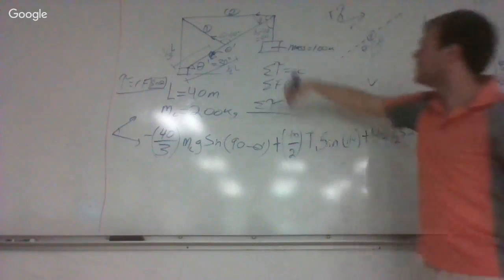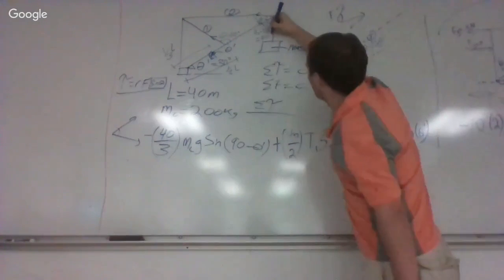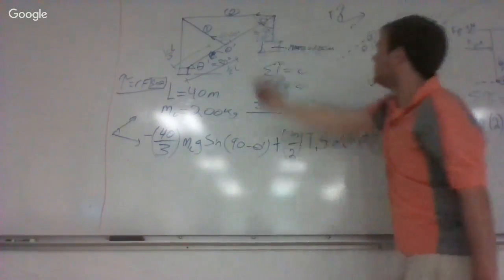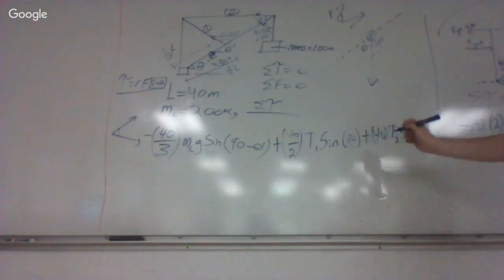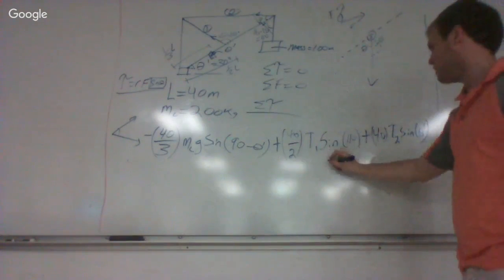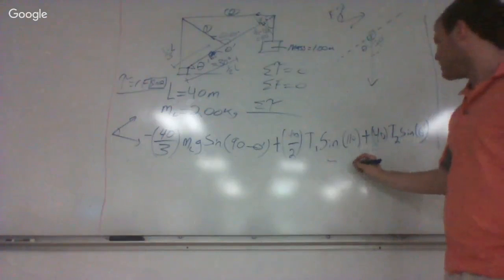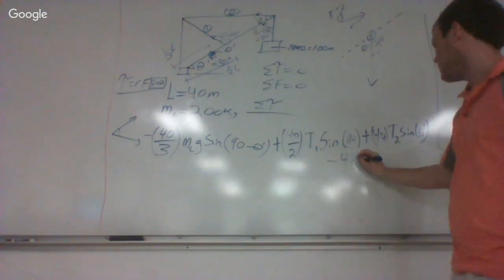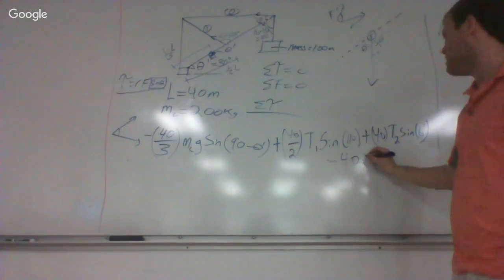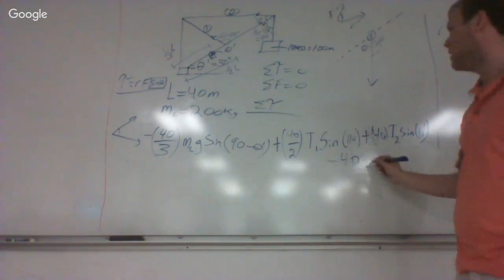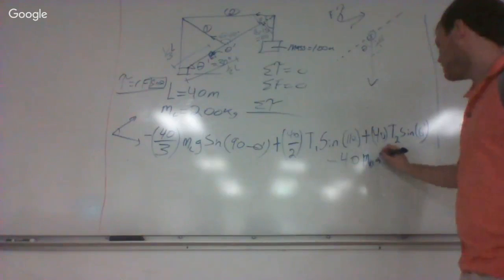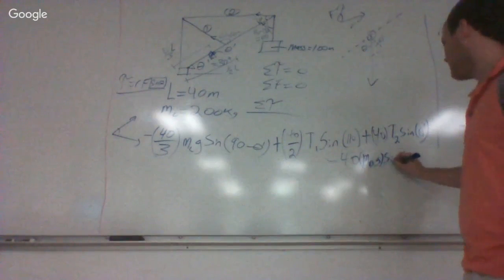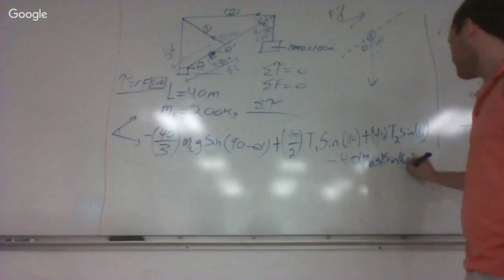So we need to find the y component of that, which is pretty easy. It's going to be negative. That's a full 40 times the mg, so that's the mass of the block, and that's going to be sine 60 degrees.